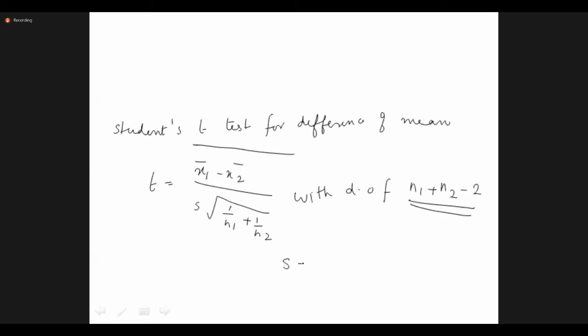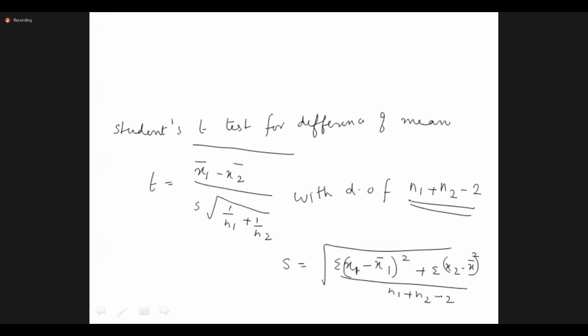And S is calculated by the formula square root of sigma x1 minus x1 bar whole square for the first set, plus sigma x2 minus x2 bar whole square, divided by n1 plus n2 minus 2.